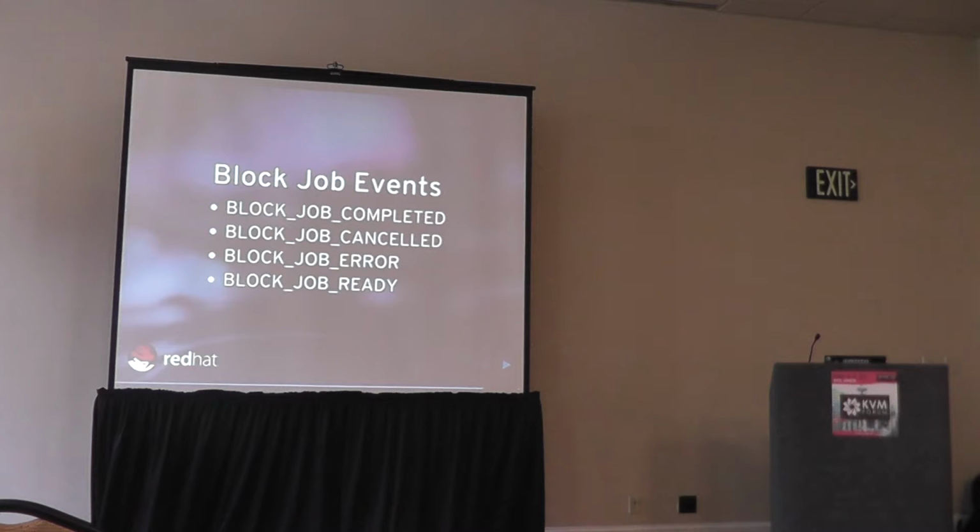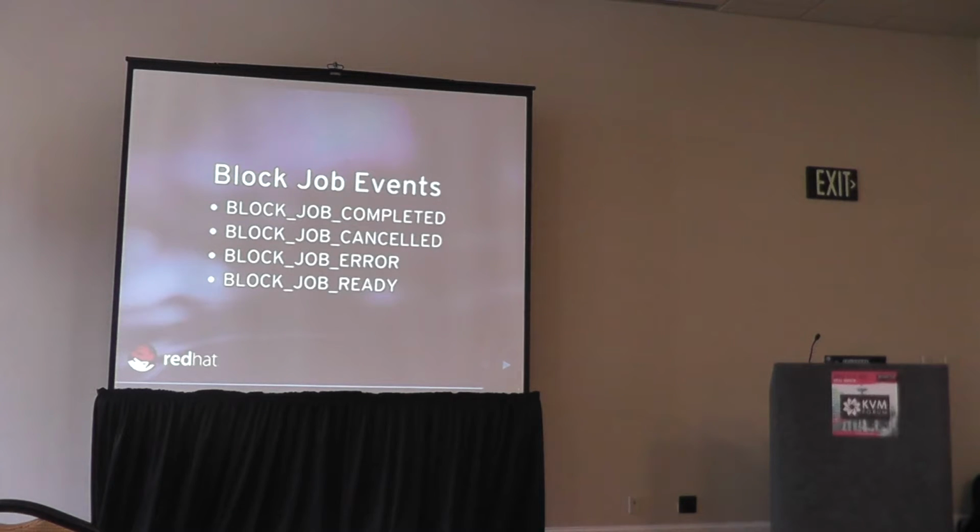Block job ready is emitted for some block jobs where we may do some initial setup. There might be some operations that run before we kick off the entire block job. So QEMU will emit block job ready, and then the management software will come back with a command to initiate and complete the block job.